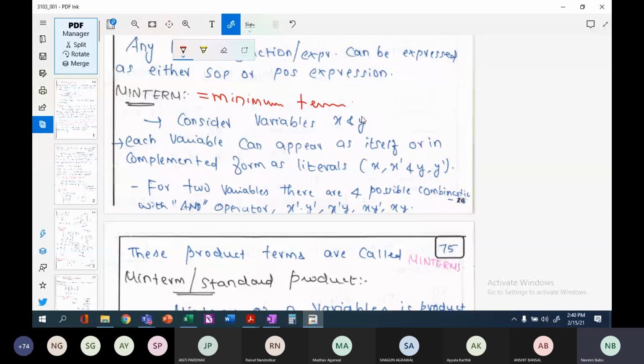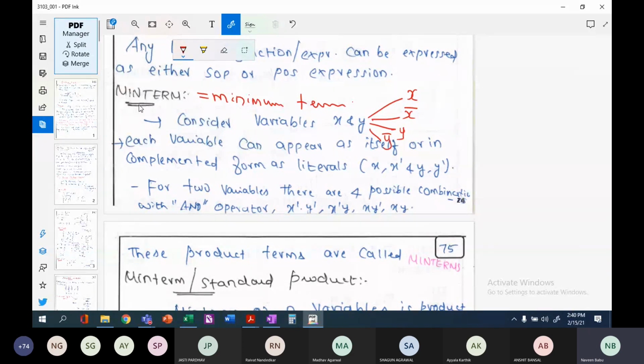What are its literals? Please note, literals mean the complemented and uncomplemented terms of the variables. So x is one literal, x bar is one literal, y is one literal and y bar is another literal.